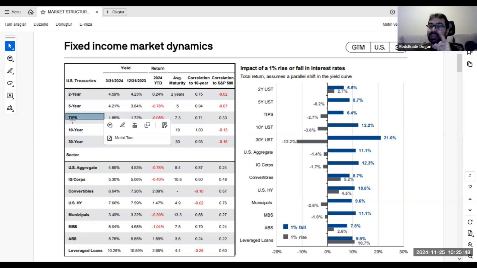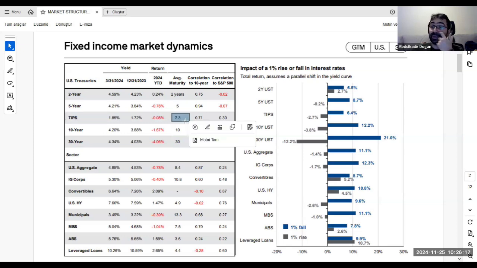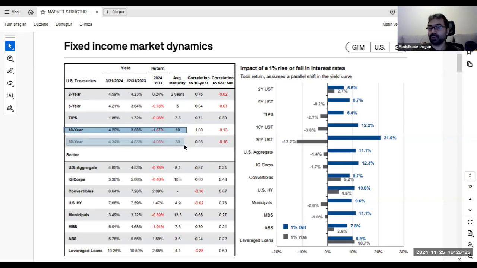Sometimes to compensate your losses because of inflation in the United States, treasury can issue some securities like TIPS, treasury inflation protected securities, meaning that you will not lose your money because of inflation, because the inflation loss is covered in the yield of this treasury security. Okay, so the maturity of this security is approximately 7 years and 3 months, for the 10-year treasury approximately 10, and here approximately maturity is 30 years.